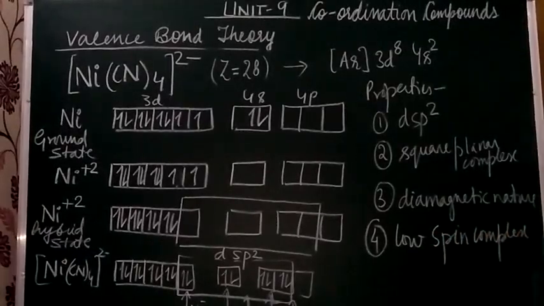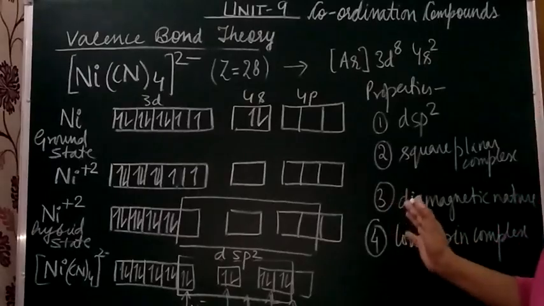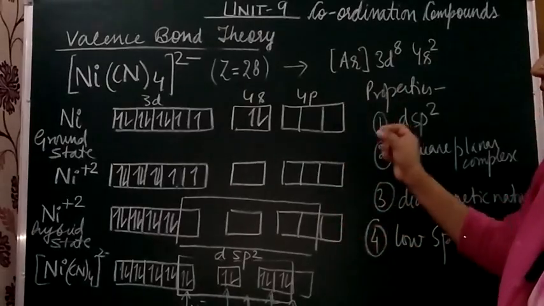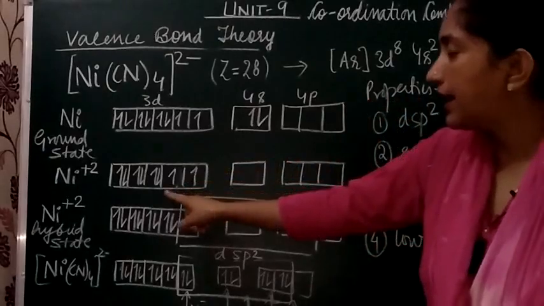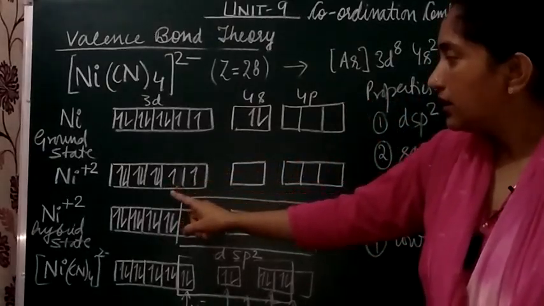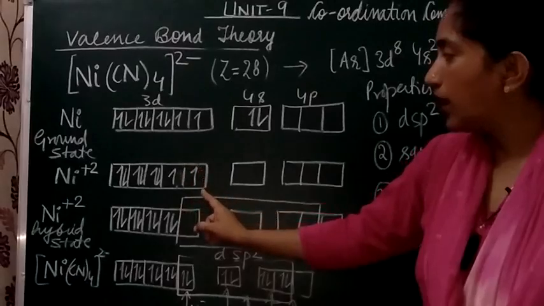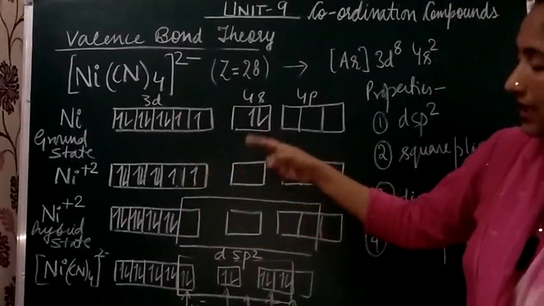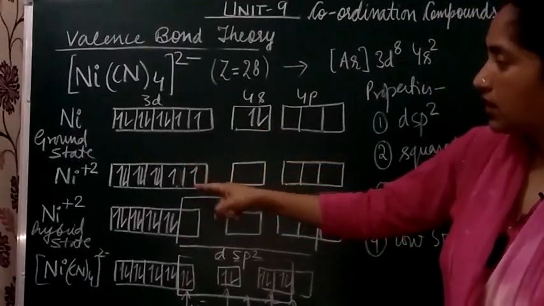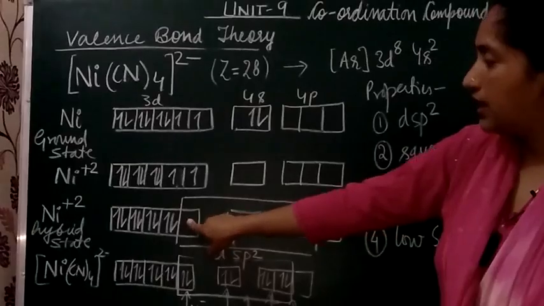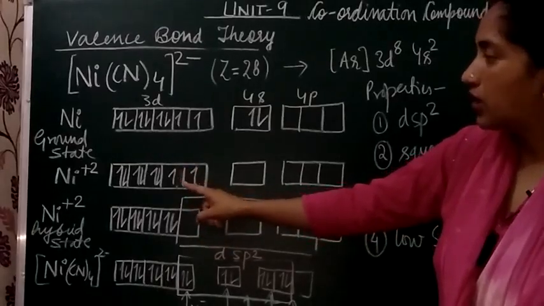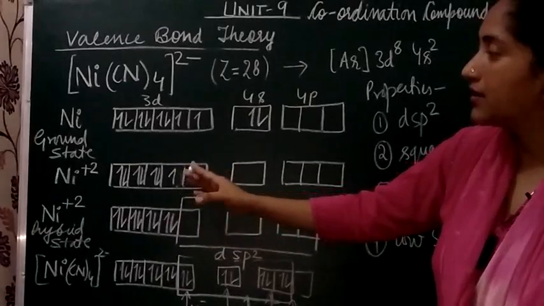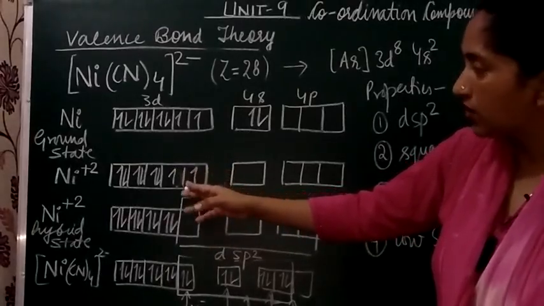So what is the difference here is that we are doing it in the same way, but the one assumption which we are making at this stage, that here we are getting two unpaired electrons, I'm just correcting myself. Earlier I told it has got one unpaired electron. It doesn't; experimental data reveals it doesn't have any unpaired electrons.